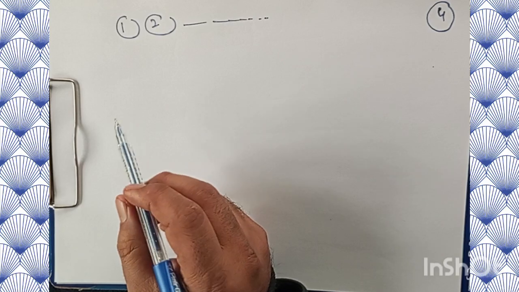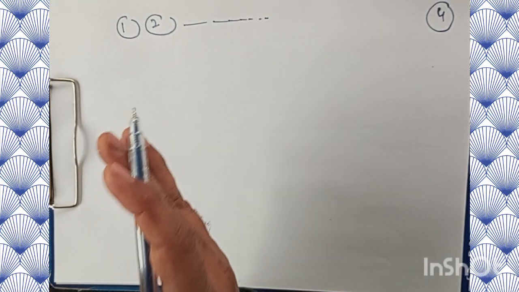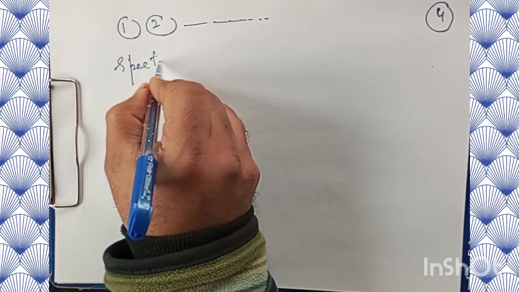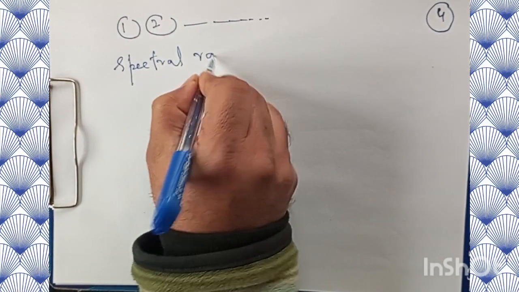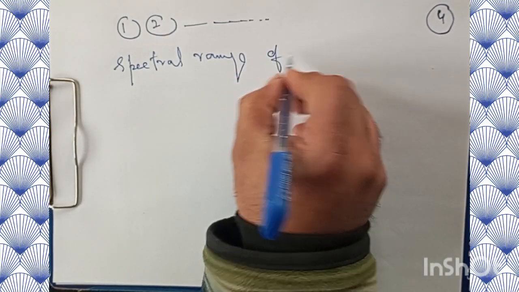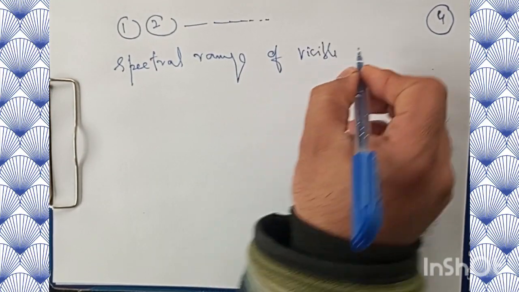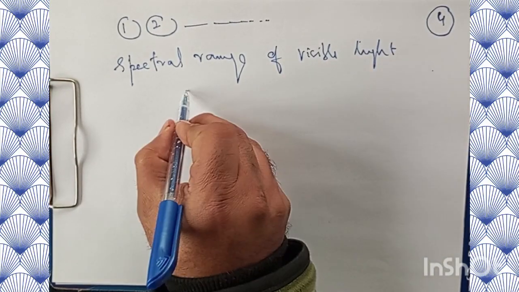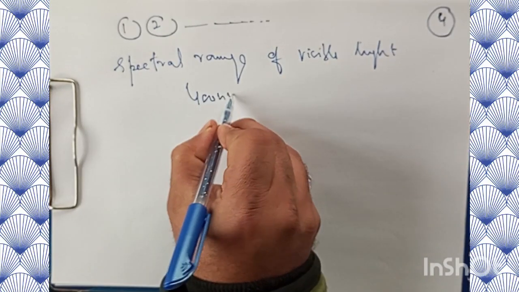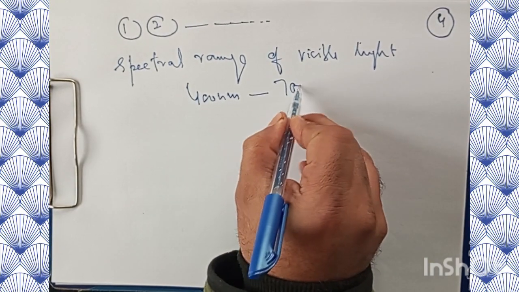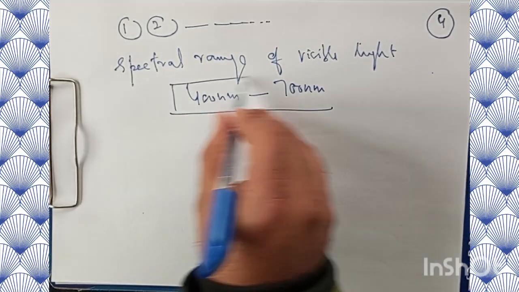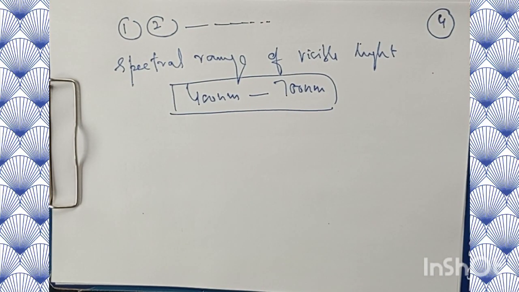And at the same time, if we talk about the spectral range of visible light. Now, what is the spectral range? Spectral range of visible light. Okay, so how much is that? That's nearly 400 nanometer to 700 nanometer. So all the wavelengths that fall in this range fall in the visible portion of electromagnetic spectrum.